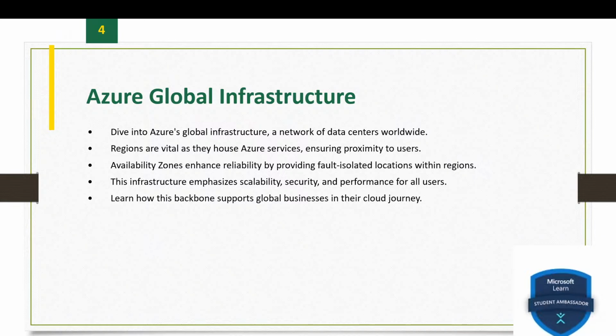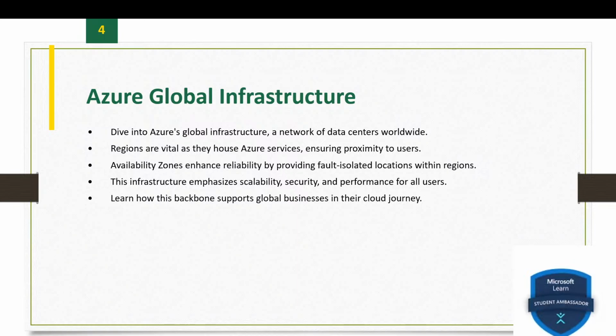Global backbone network. Azure's global infrastructure is connected by one of the largest and fastest private networks in the world. This global backbone network connects Azure regions and data centers, enabling fast and secure data transfer across the globe and low latency. The extensive reach of Azure's global network ensures low latency connections between regions, making it ideal for applications that require real-time data processing and delivery.